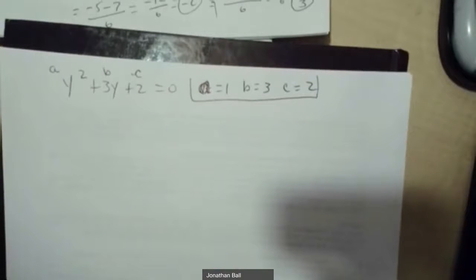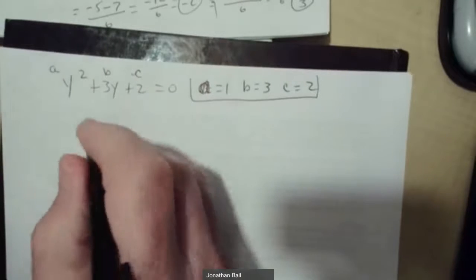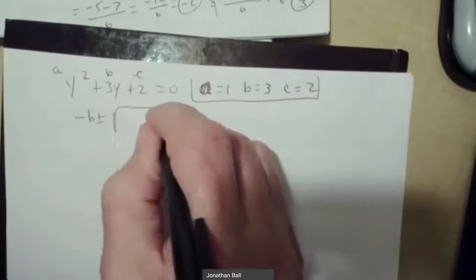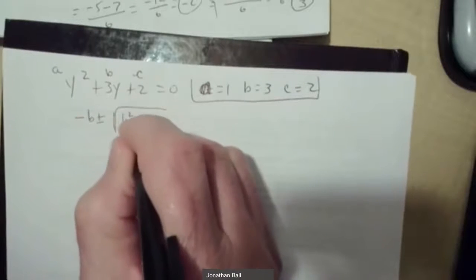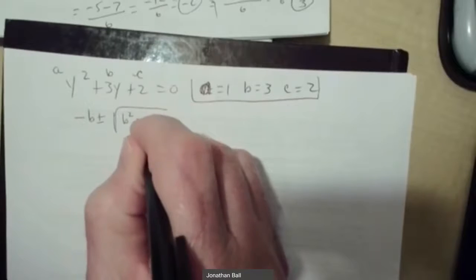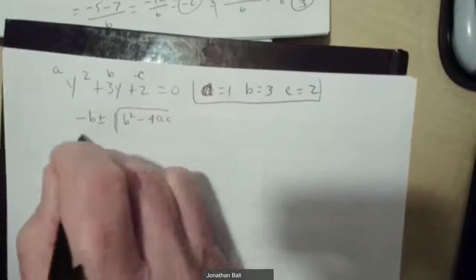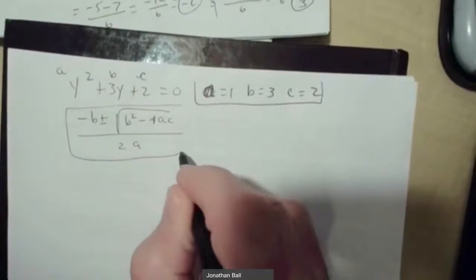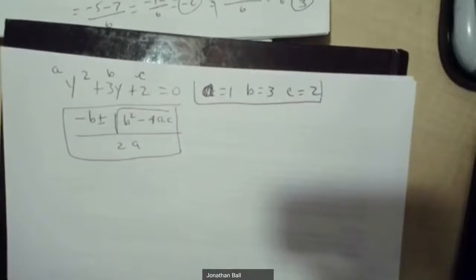Okay, so it's just a matter of plugging in the numbers. Again, our formula is negative b plus or minus square root of b squared minus 4ac over 2a. That's our handy dandy formula. Now we just plug in the numbers.